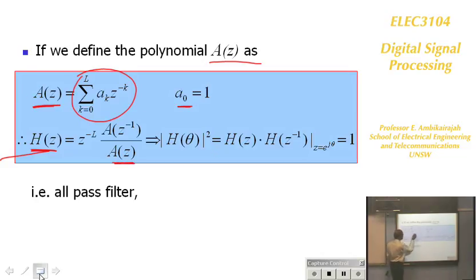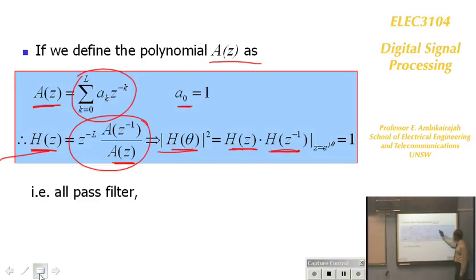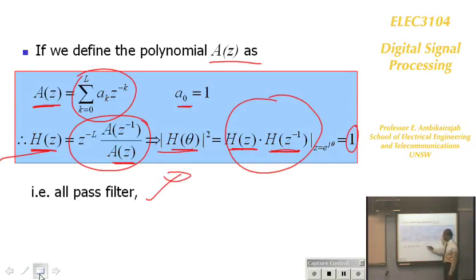This means you are taking the complex conjugate and multiplying. If you do that, you will get H of z multiplied by H of z to the minus 1, which we can show is equal to 1. And this is an all-pass filter.